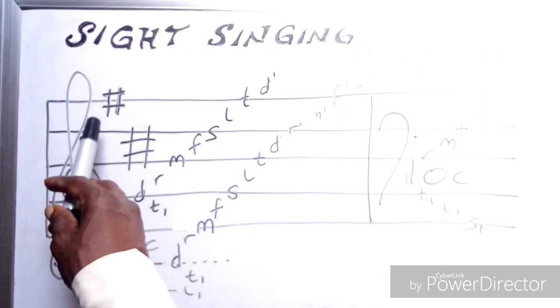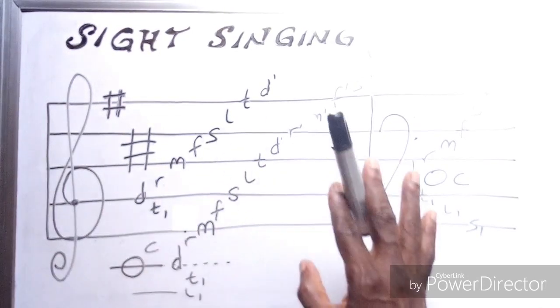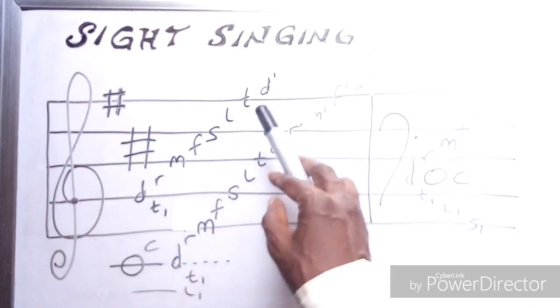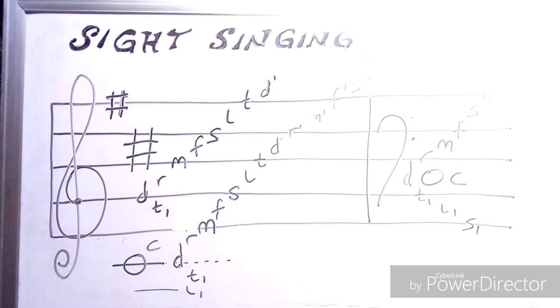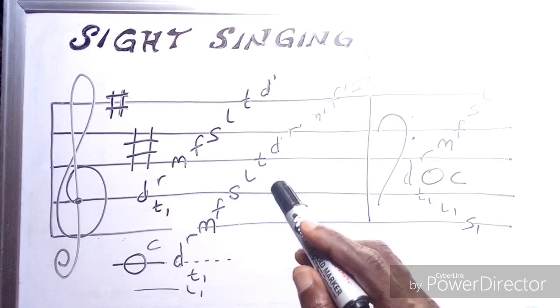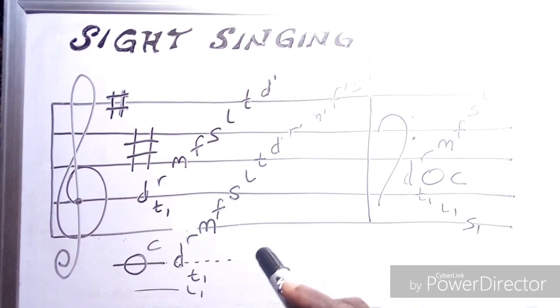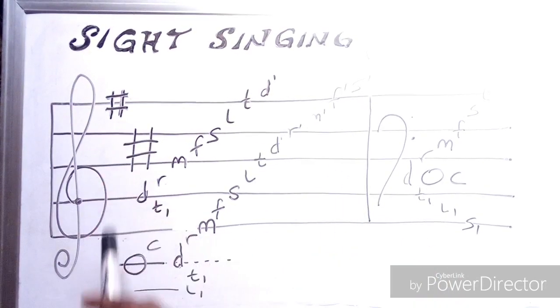And the sharps are at F and C. So that changes the key automatically, and it changes the position of the tonic solfa notes. In the key of D, do starts from the note D. Now let's look at the scale.